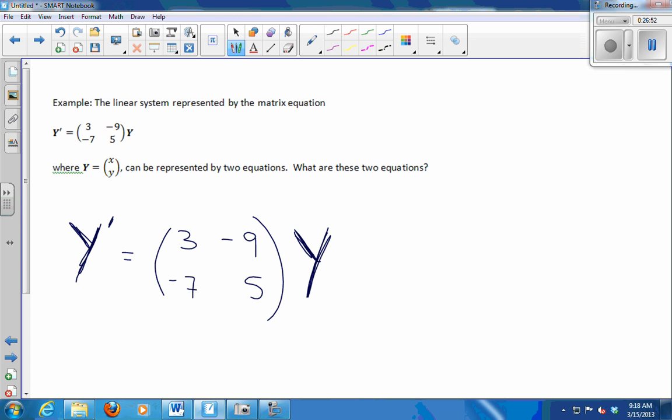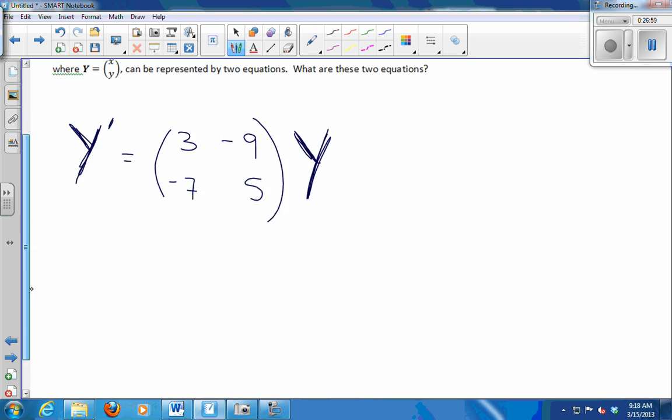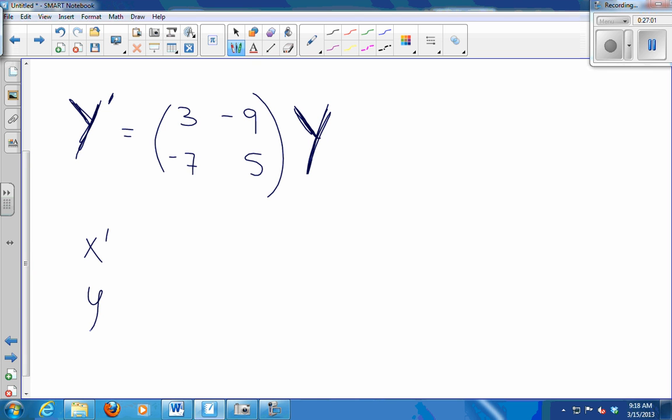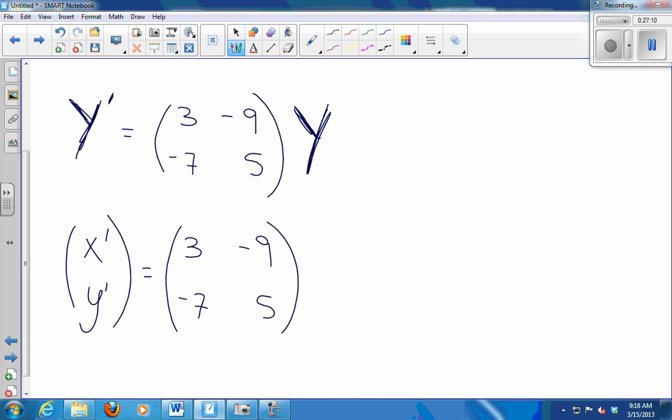And the y prime and the y are bold, so we know that those represent vectors. So y prime is really the vector x prime, y prime, and then I've got my matrix 3, -9, -7, 5 times my vector x, y.